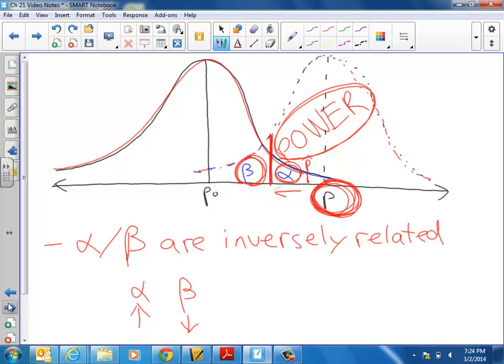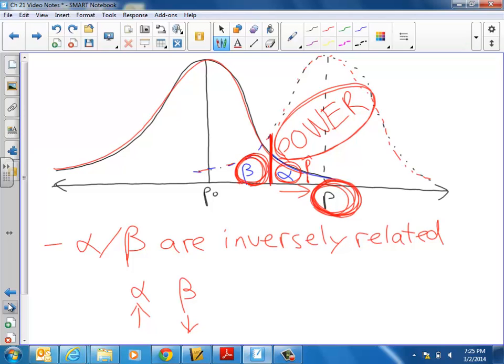Conversely, if you decrease your significance level, that means you're moving this fence to the right. And the probability that you commit a type 1 error, yes, it drops, but the probability that you commit a type 2 error increases.